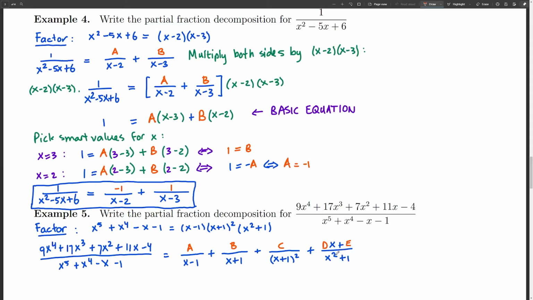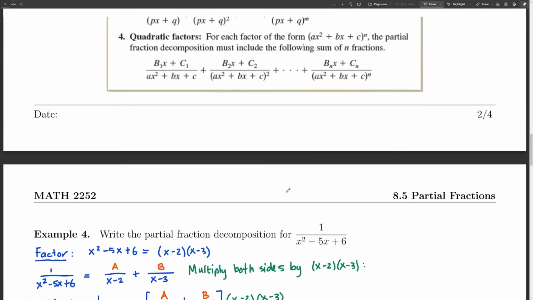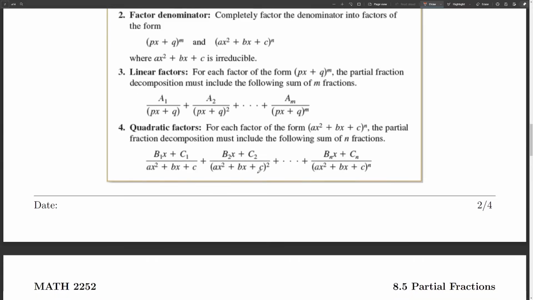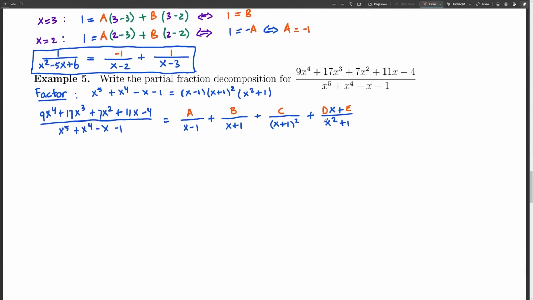And that is our partial fraction decomposition. So we applied the fourth part there, where you have the irreducible quadratic factor in the denominator, and then the numerator is a linear term.